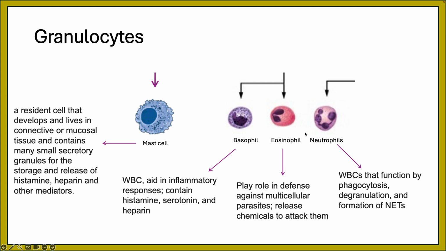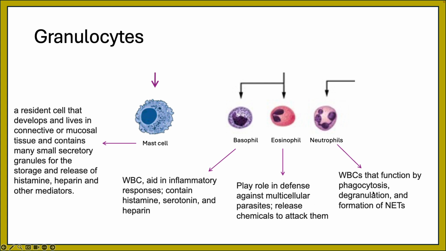The granulocytes include the basophil, eosinophil, and neutrophil. The basophil is a white blood cell that aids in inflammatory responses, releases things like histamine, serotonin, and heparin. The eosinophil is going to play a role mostly against multicellular parasites. It's going to release chemicals that ultimately attack these different cells.